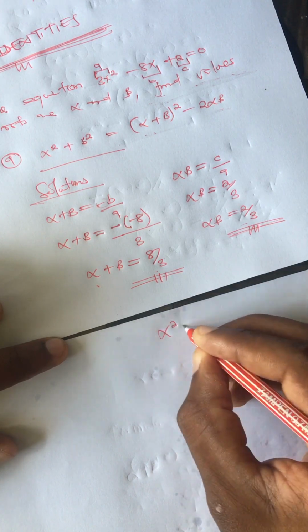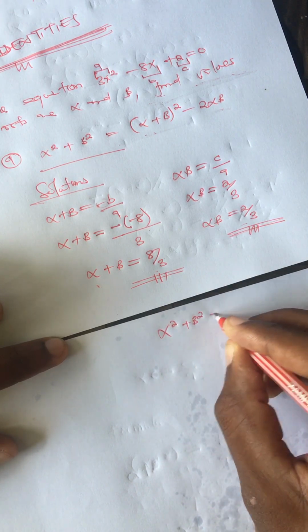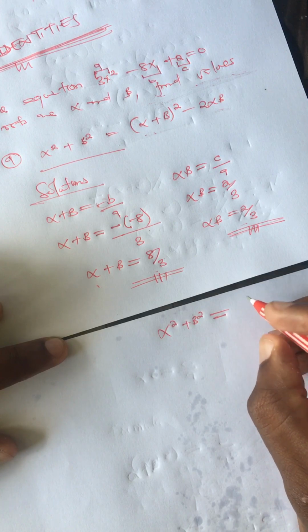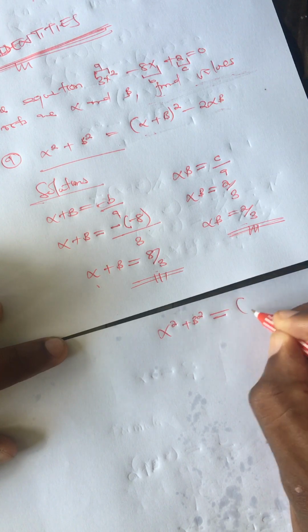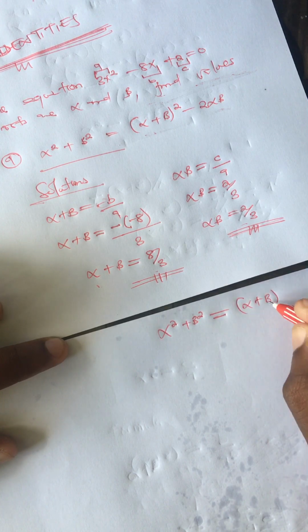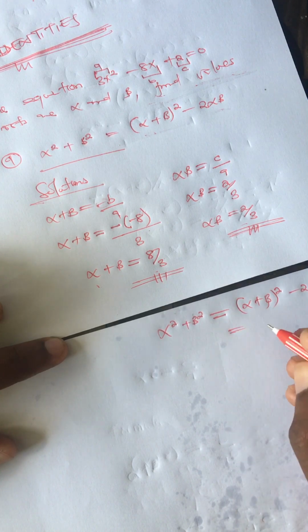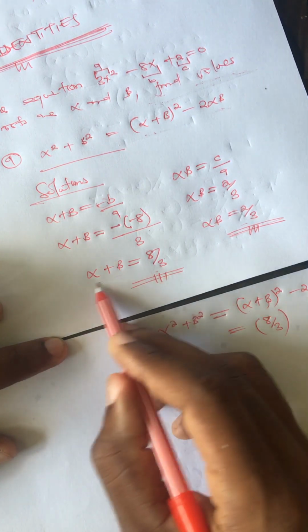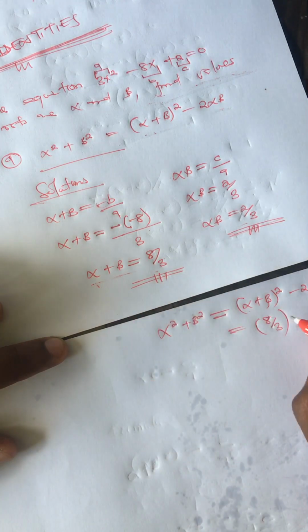So alpha squared plus beta squared is equal to alpha plus beta squared minus 2 alpha beta, which is 8 over 3 squared minus 2 times 2 over 3.